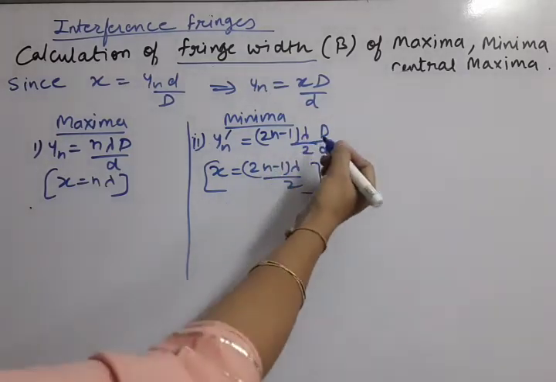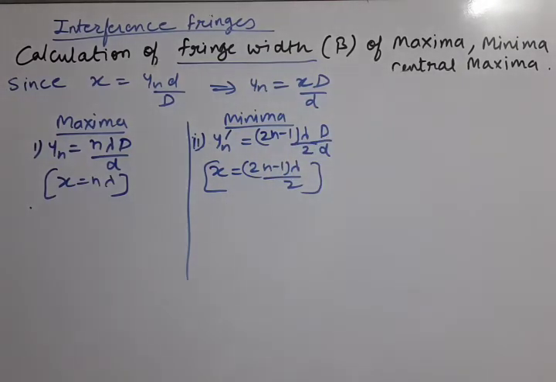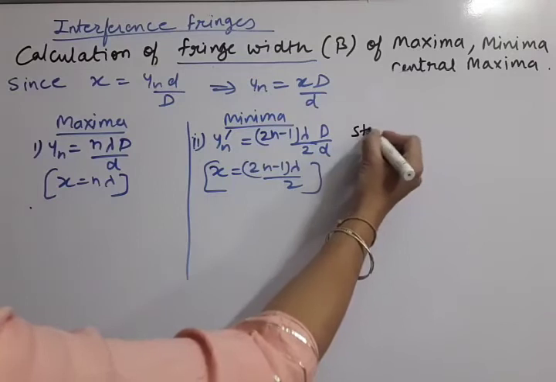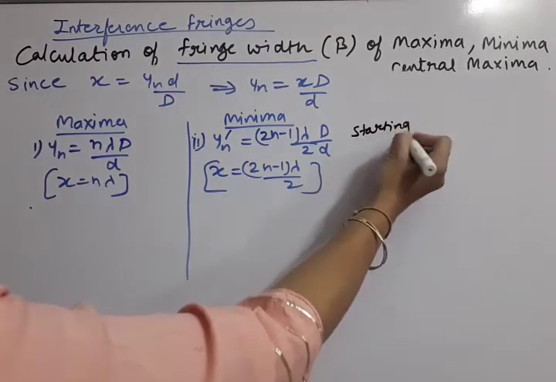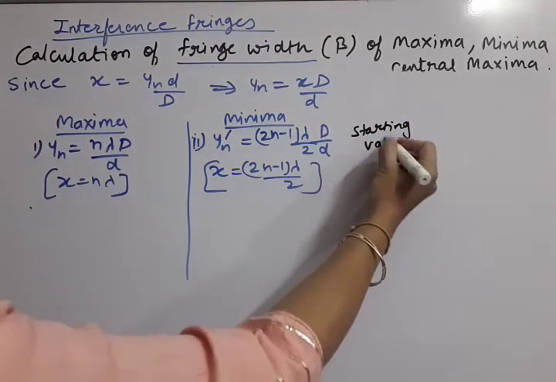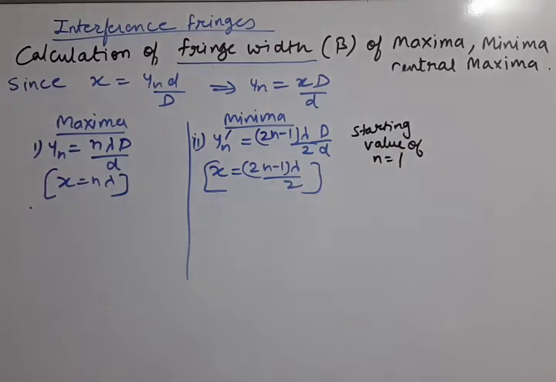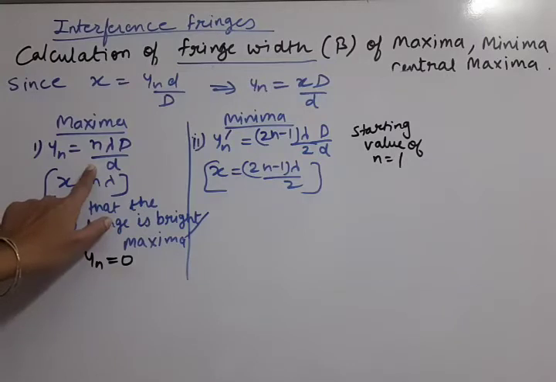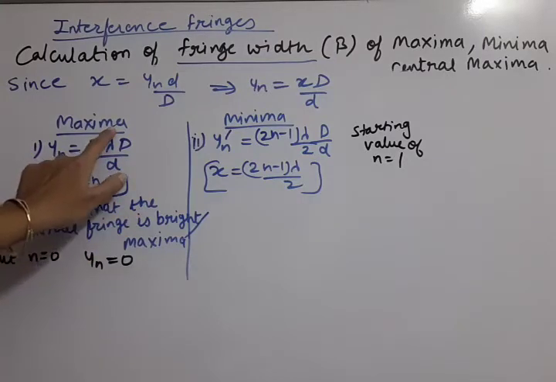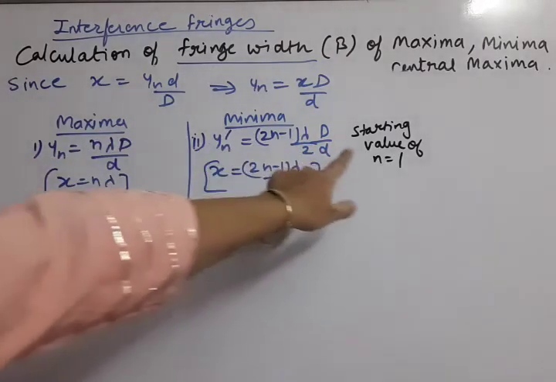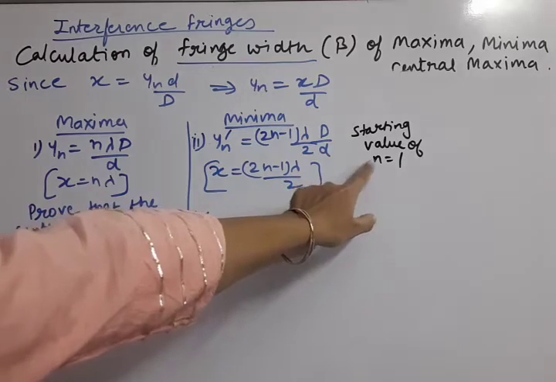Here carefully remember that the starting value of n is 1. This we have already decided in the conditions. So yn equals n lambda D by d for maxima, and for minima also the starting value of n should be 1.